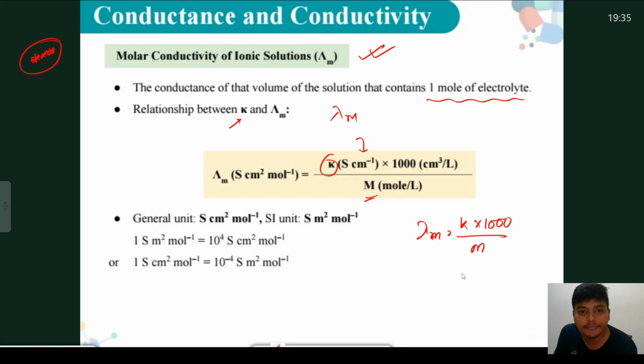Conductivity unit is Siemens centimeter inverse. Molar conductivity unit is Siemens centimeter square mole inverse. How are we getting it? Centimeter inverse into centimeter cube by mole per liter, so Siemens centimeter square per mole. Remember this thing. Clear?